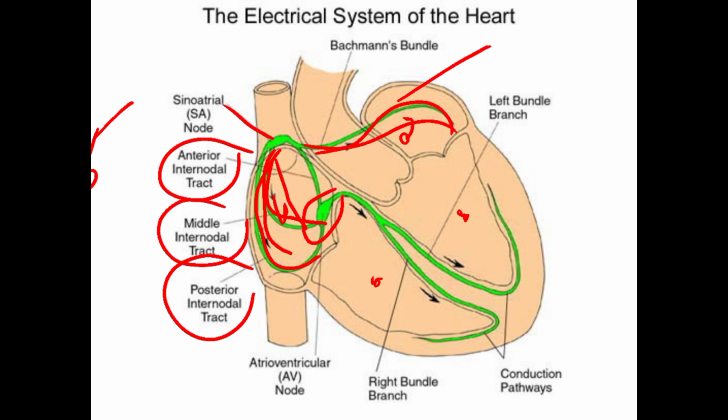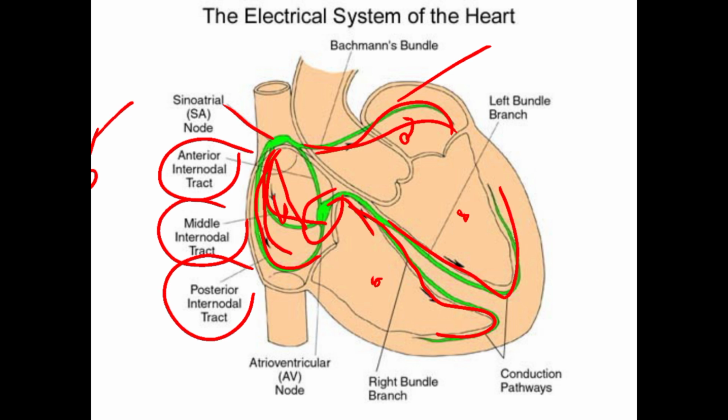Now the impulse passes to the bundle of His, which is present in the interventricular septum, and this divides into two branches.